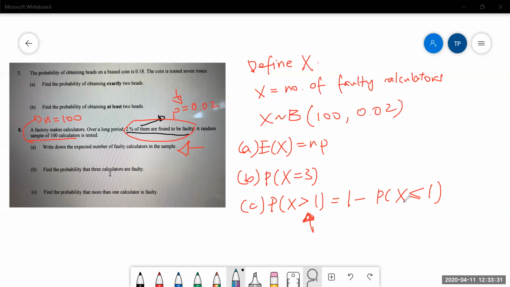Here we have to include 1. If you use the calculator, GDC, you don't need to care about this. Then the upper bound for this one will be 100. Yeah.